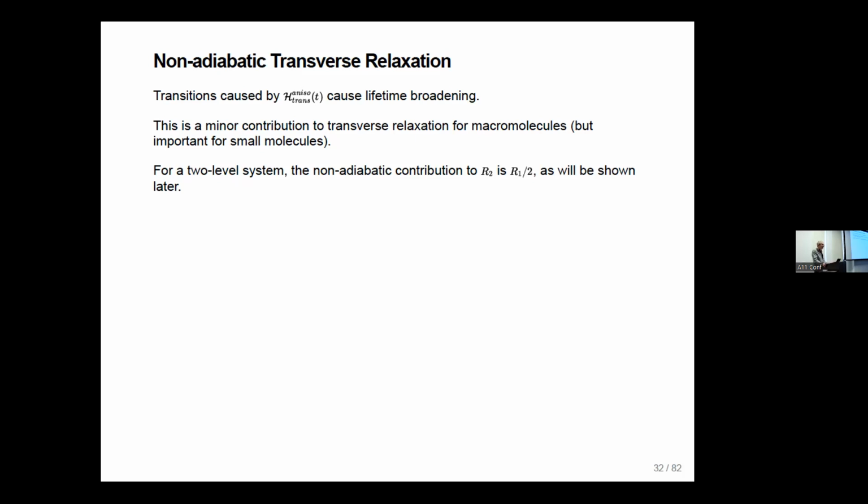So we'll talk first about a simple theory for adiabatic relaxation, and then later on, figure out how to generalize it for these other cases. And that's convenient because for macromolecules in solution, you can get a long way just by understanding the adiabatic part without worrying about the non-adiabatic parts, which are more complicated mathematically.